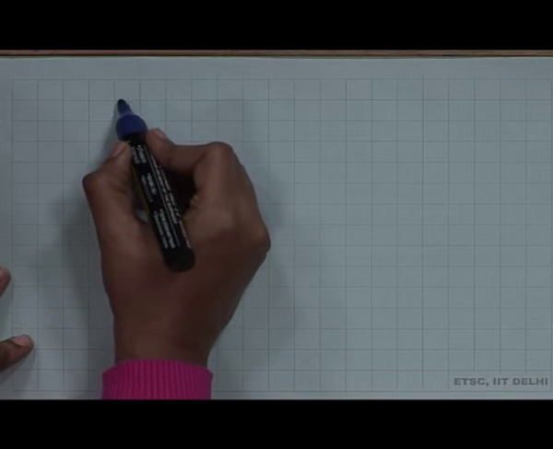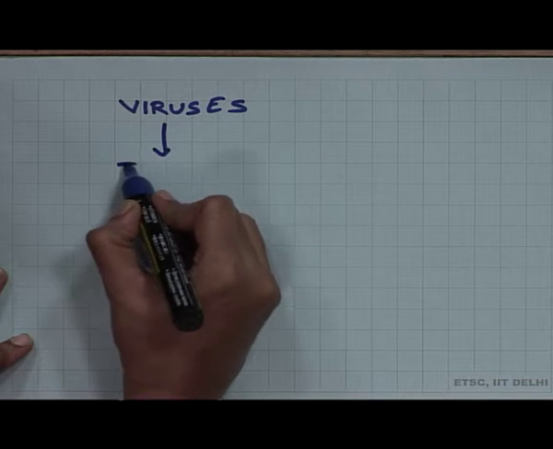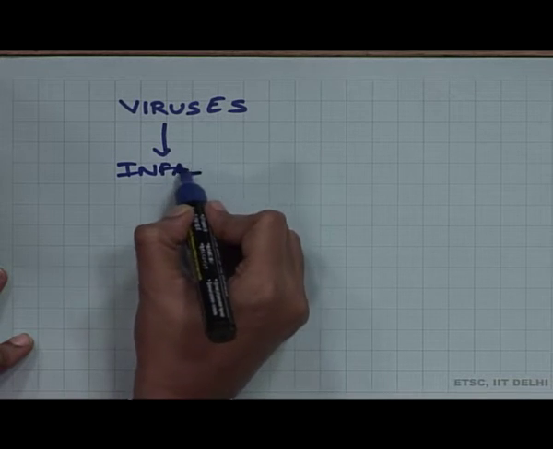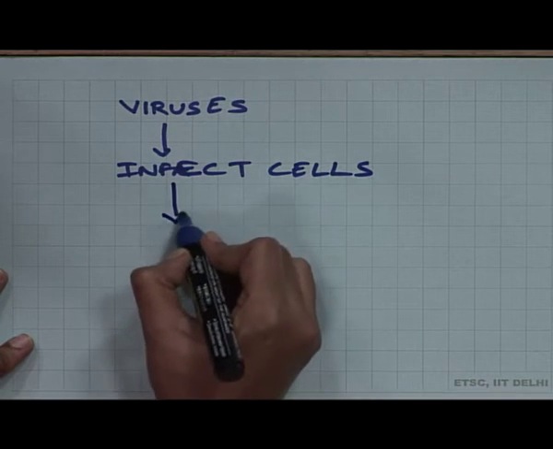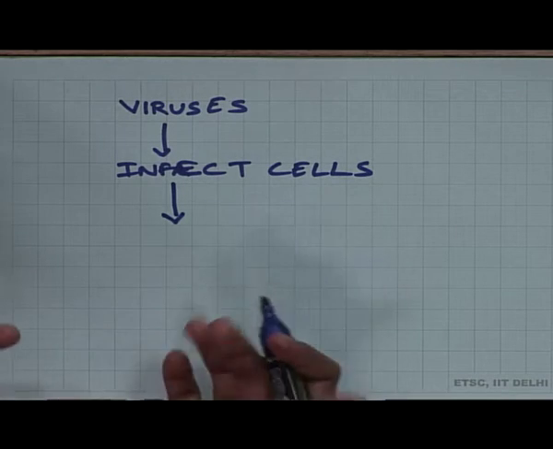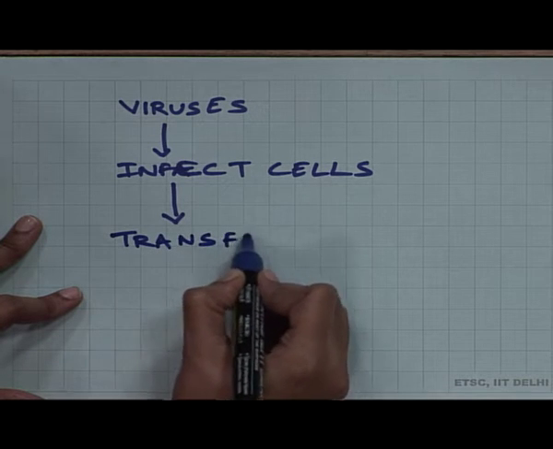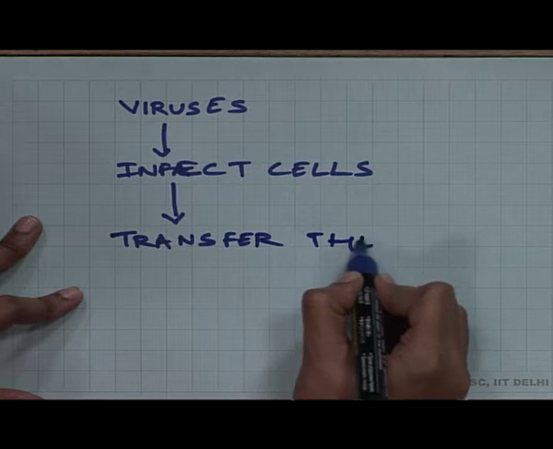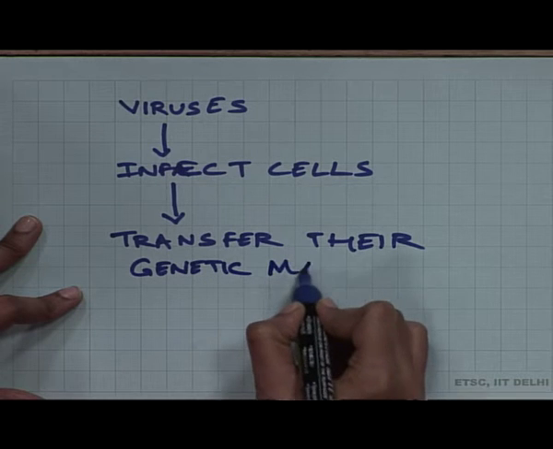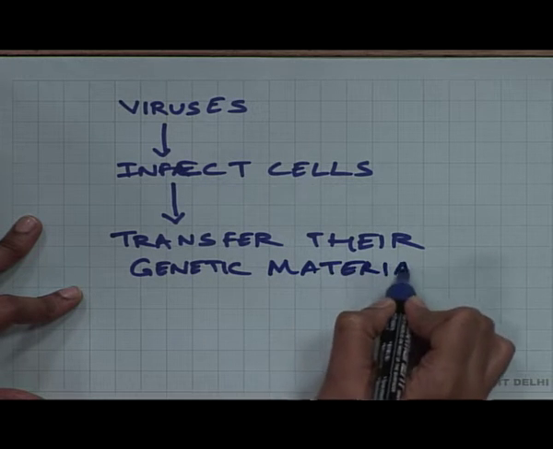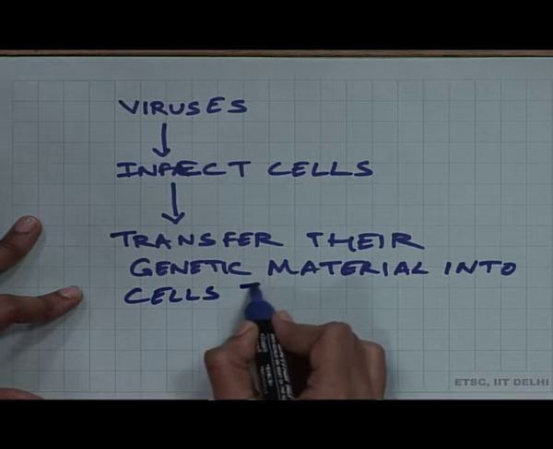So, what are viruses known to do? Viruses are known to infect cells. And what do we mean by infect cells? What they do is they transfer their genetic material into the cells they infect.